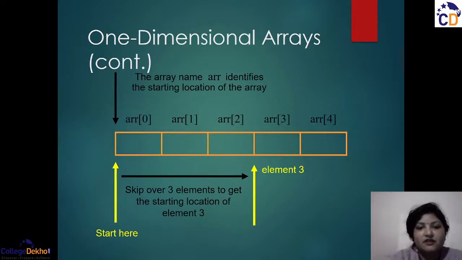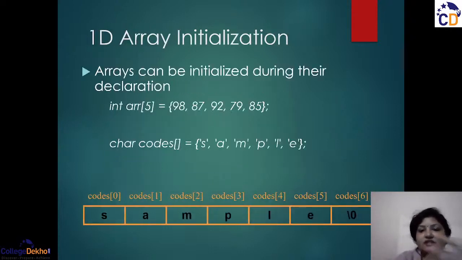Just write the numbers, just write the values, it is over. Whereas when we have strings, we have elements like in sample, S is index 0, then A has index 1, then M has index 2, then P has index 3, and so on. But what is this null? There is no element after this E. So this is the null value that tells you about the end of this string.